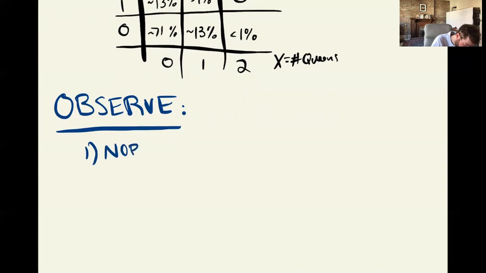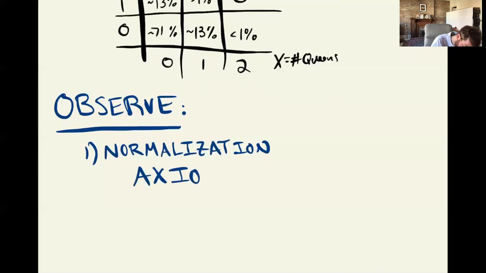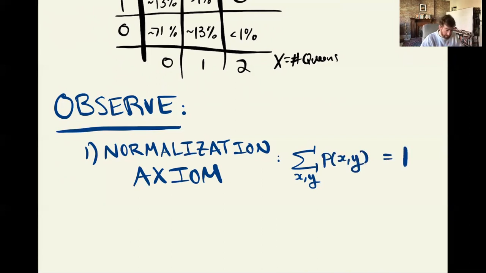And again, you remember from basic probability theory early on, we had this thing called the normalization axiom, which says that if I look at the sum over all possible values x and y of my joint PMF, that has to equal 1.